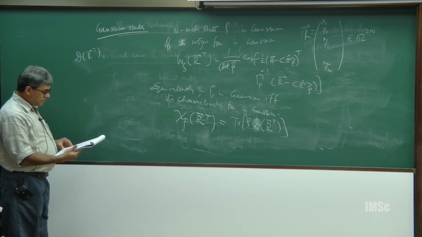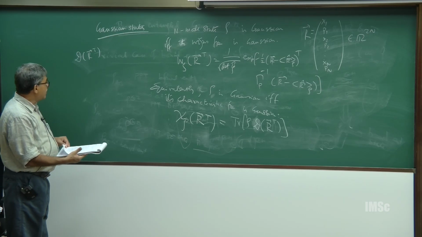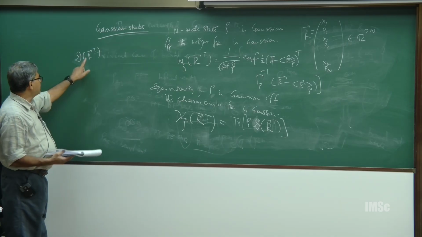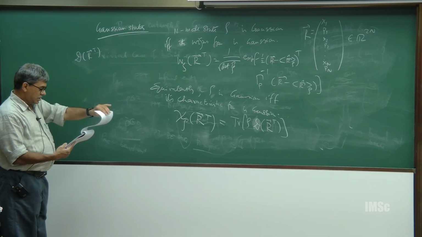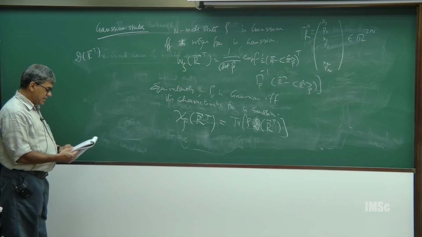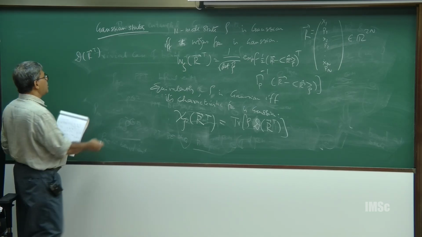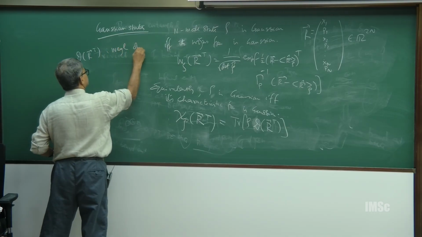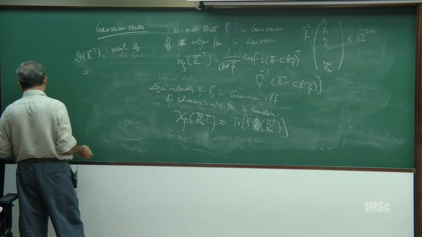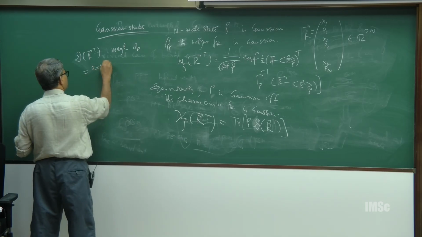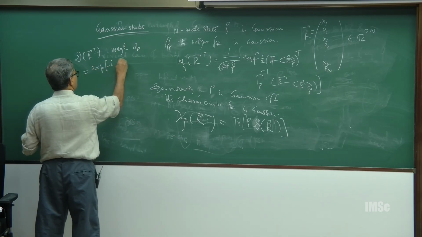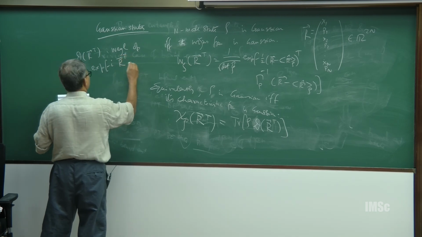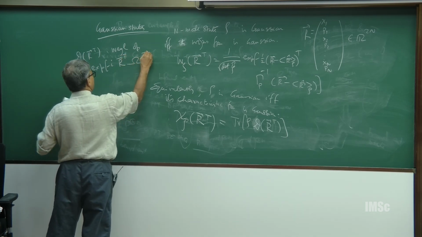So, this displacement operator, I am writing in terms of real variables, but you know it for a complex variable, but that is okay. This is the Weyl operator, and this is basically exponential of minus iota r transpose omega r.